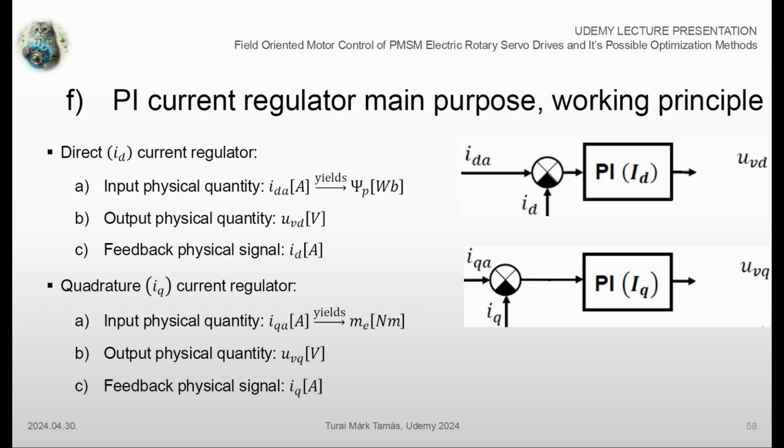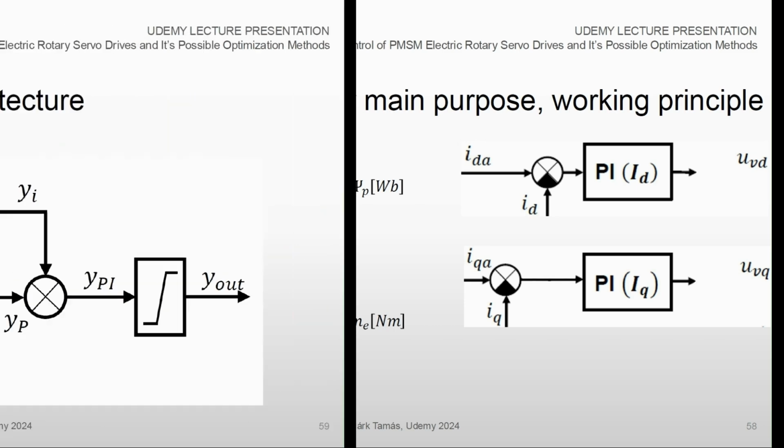However, as we know, the quadrature current regulator is going to have an effect on the effective torque production of the PMSM machine. The outputs of these two regulators are the direct and quadrature voltages respectively. These reference voltages shall be further transformed to the three-phase coordinate system, where the three-phase inverter can realize the needed average values of these signals using PWM technique.